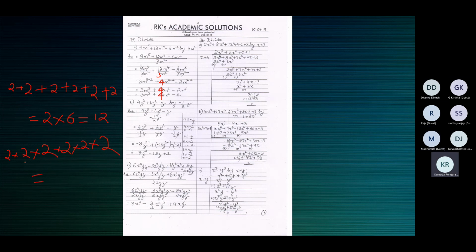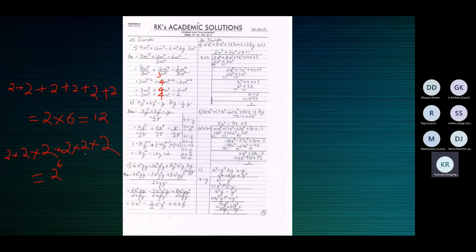So repeated multiplication is written in the exponential form. 2 multiplied with itself 6 times is written as 2 raised to the power 6. The base 2 is the number that is multiplied with itself, and the power represents the number of times that multiplication happens.